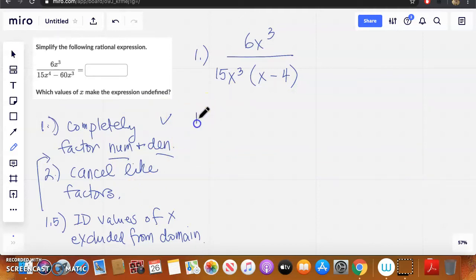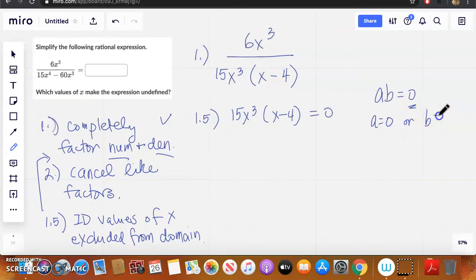Now step 1.5. Let's identify the values of x excluded from the domain. In order to do that, we have to set the denominator equal to 0. So 15x cubed times x minus 4 equals 0. We know that if we have two factors, a and b, and a times b equals 0, then in order to get a product of 0, either a has to be 0 or b has to be 0.